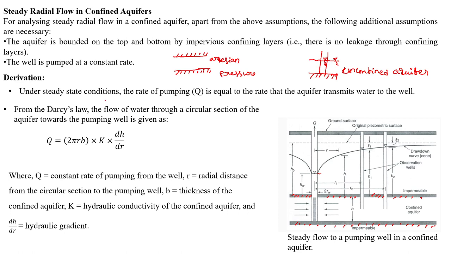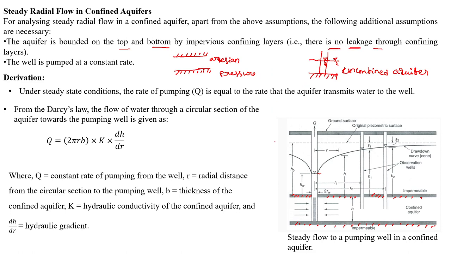Additionally, we have seen a few assumptions about steady radial flow. Similarly, we need to make two more assumptions to solve for a confined aquifer. One is that the aquifer is bounded on top as well as the bottom, confined at both, and there is absolutely no leakage.